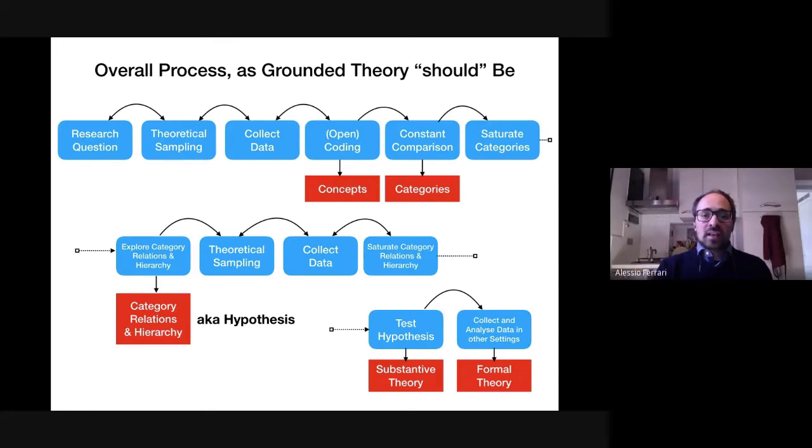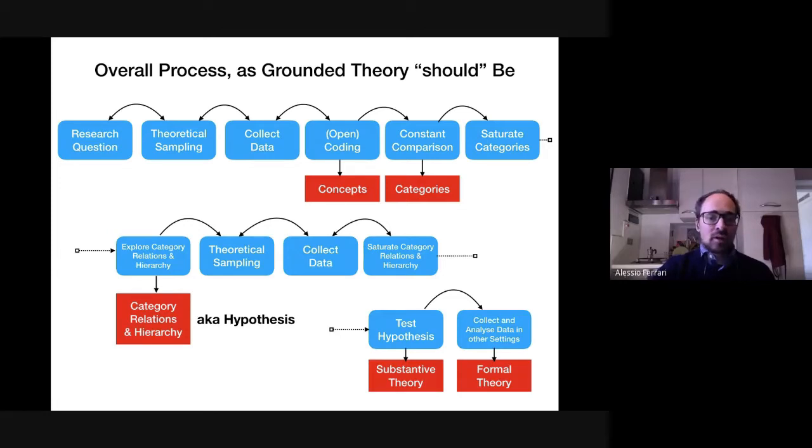Then you collect your data, you do open coding, produce concepts, you do constant comparison and create categories, you saturate your categories, so you are sure that in these activities you have exhausted the type of categories, having analyzed all the data that you have.